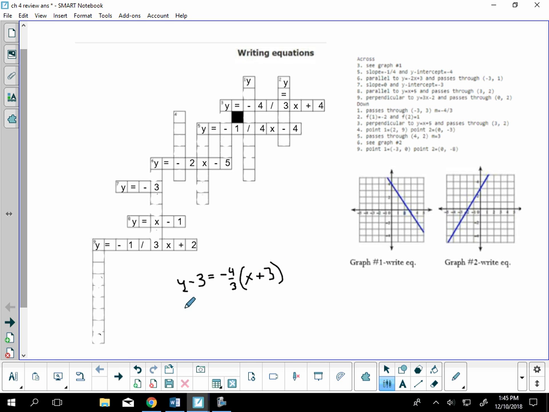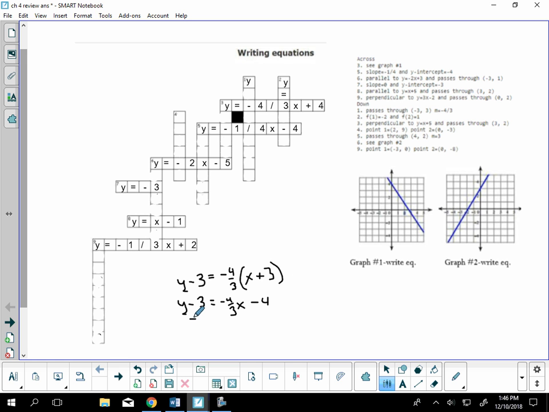We're going to distribute. y minus 3 equals -4 thirds x minus 4. -4 thirds, 4 times 3 is 12, divided by 3 is 4.